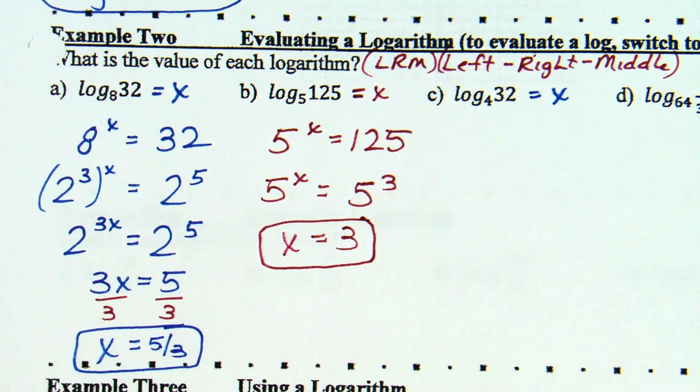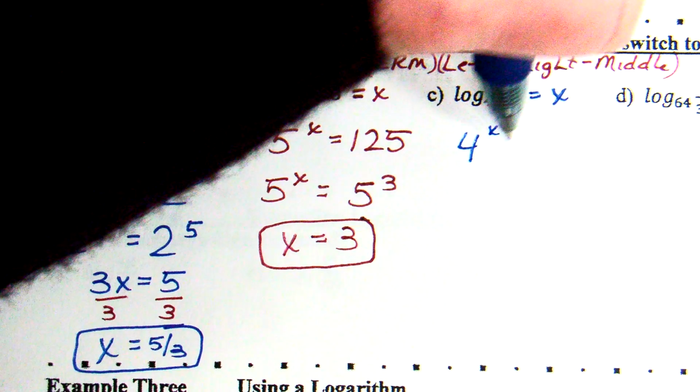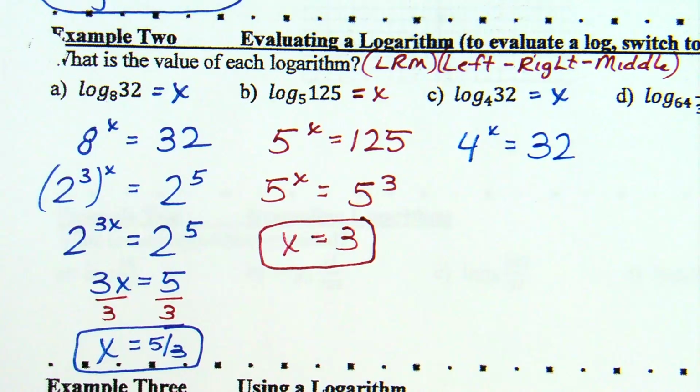Left, right, middle. 4 to the power of X equals 32. What are you doing at this point? Getting our bases the same. For the purposes of today, your bases will always be able to be the same, somehow or another. It's just a matter of figuring out how.